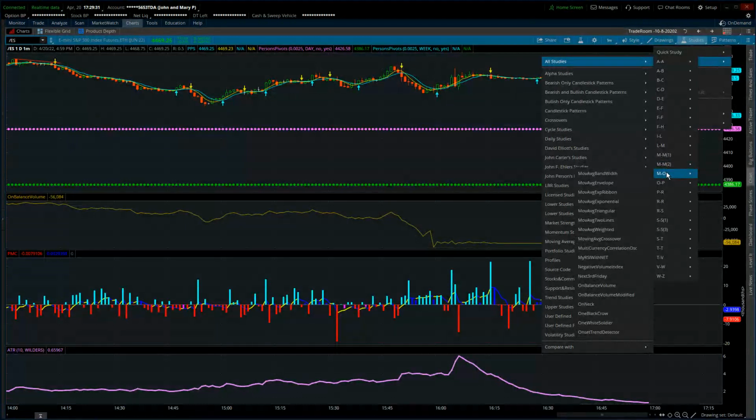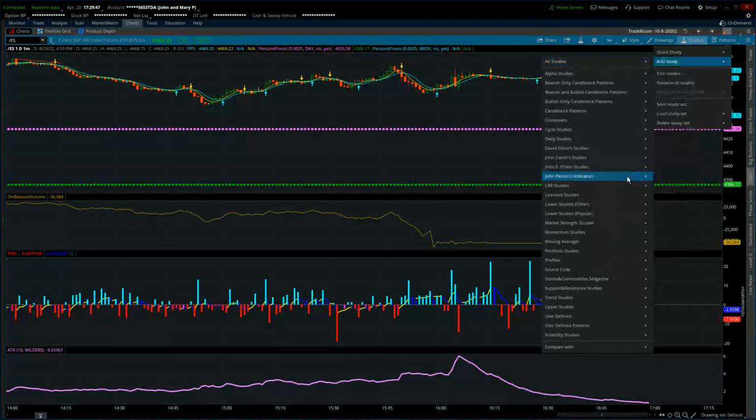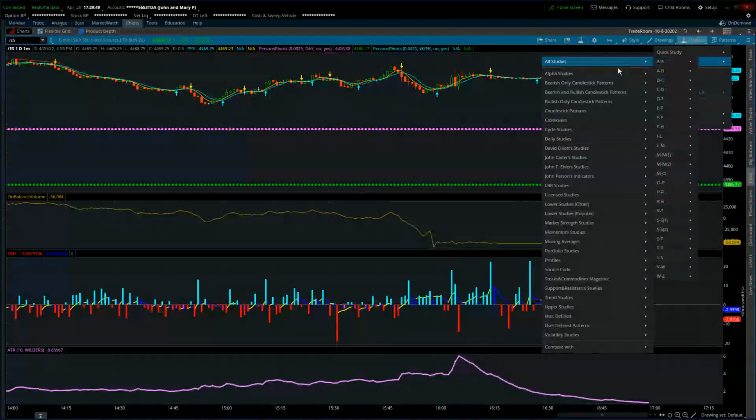Where in the heck would it be? Good question. I know it's somewhere. I'm just having a brain fart finding it right this second. I'm sure someone could help me out, so I'm less embarrassed. But I know it's somewhere around here. There it is. I got to make the hyper jump. It is under M. Oh, darn it. All studies. Go to M.